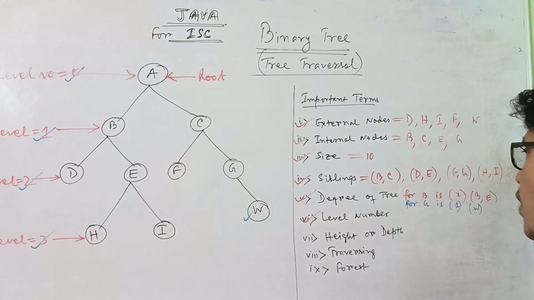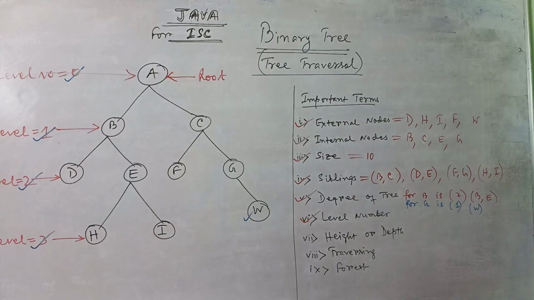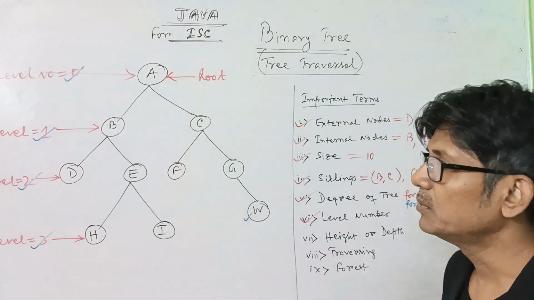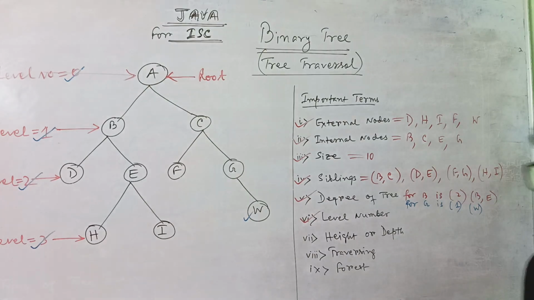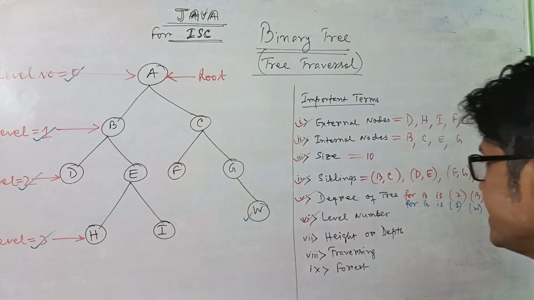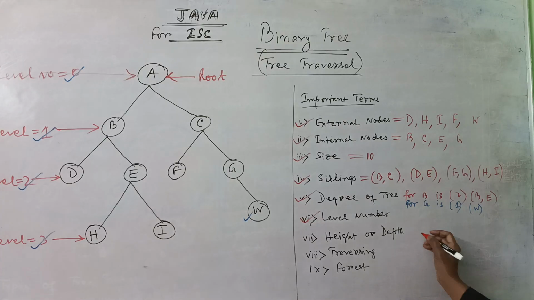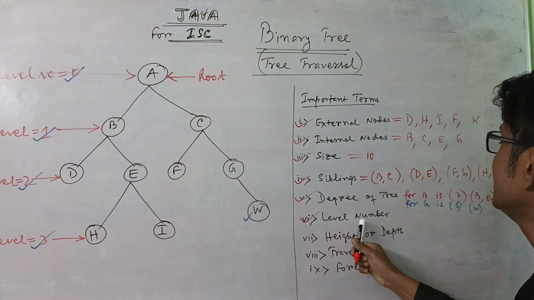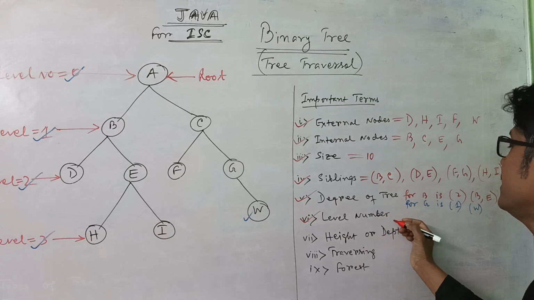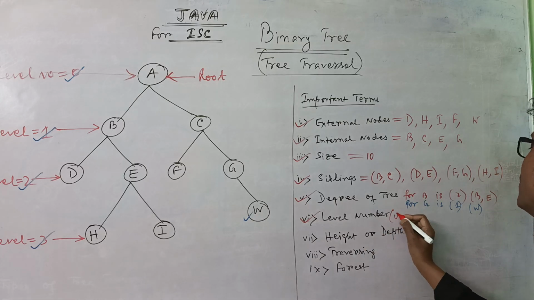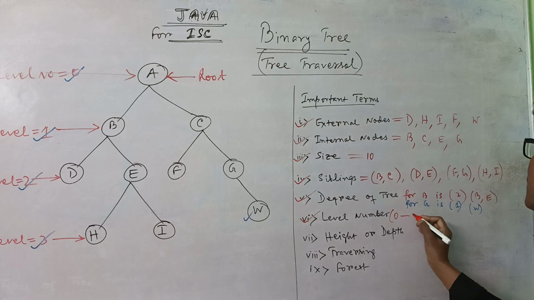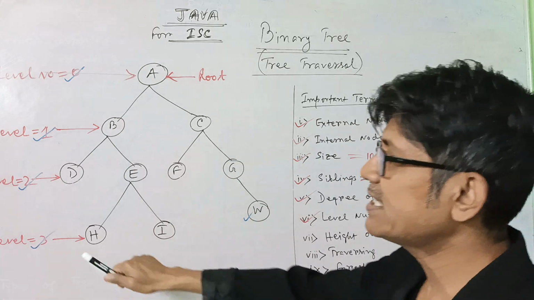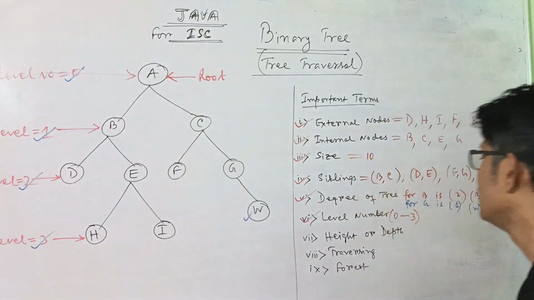Now the height or depth. What is the total height? 1, 2, 3, 4. The height is 4 here. So height or depth equals 4. The level number starts from 0 and goes up to 3 in this binary tree. The last one is 3, the first one is 0.